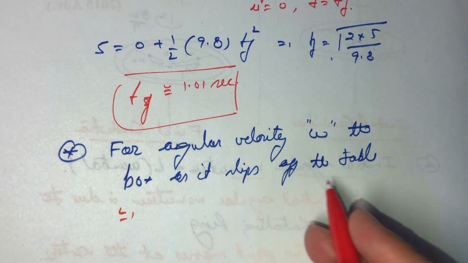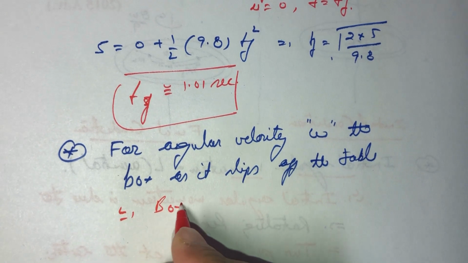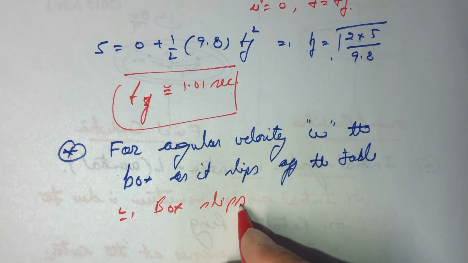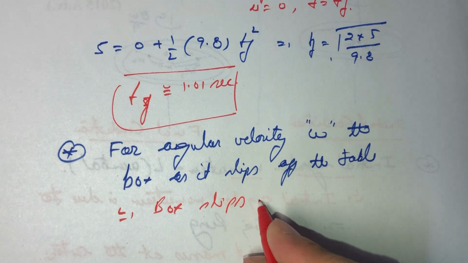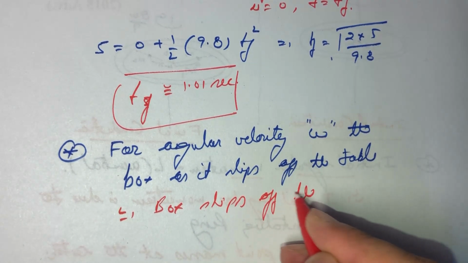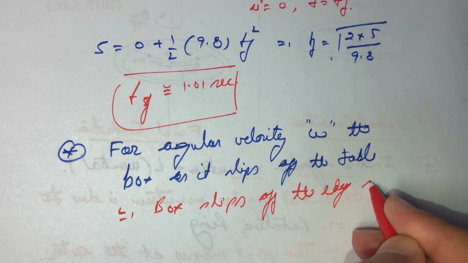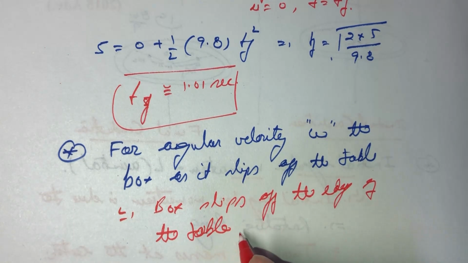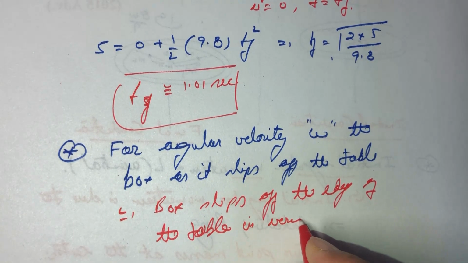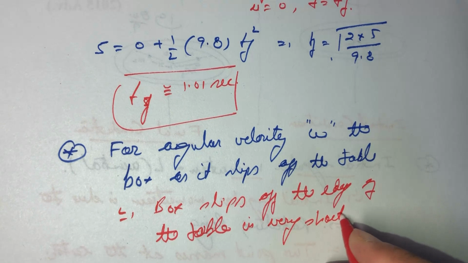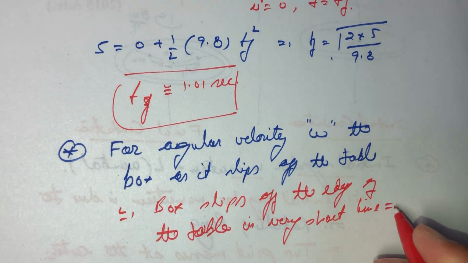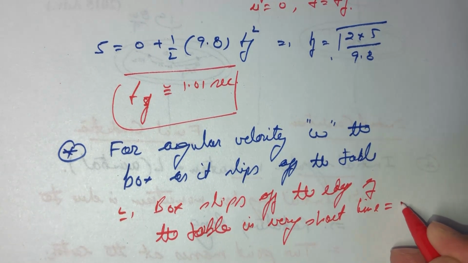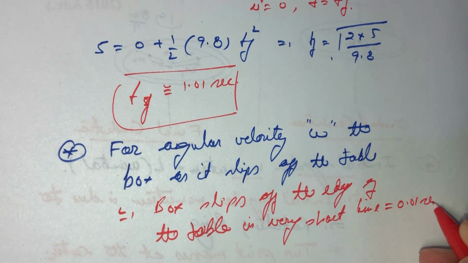So we can write here that the box slips off the edge of the table in a very short time, which is given as 0.01 seconds.